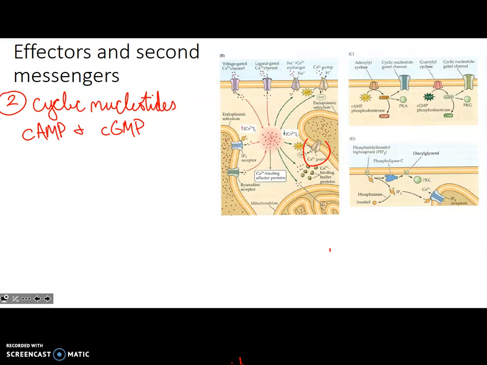Okay, these are derivatives of ATP and GTP, respectively, and they're converted, right? So ATP, for example, is made into cyclic AMP by the enzymes that we were just talking about, by these effectors. Okay. So in order to convert ATP to cyclic AMP, this requires the activity of adenylyl cyclase.